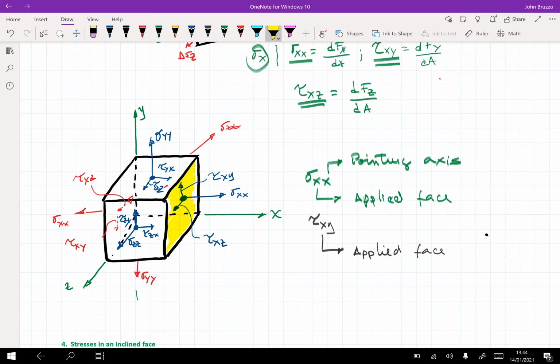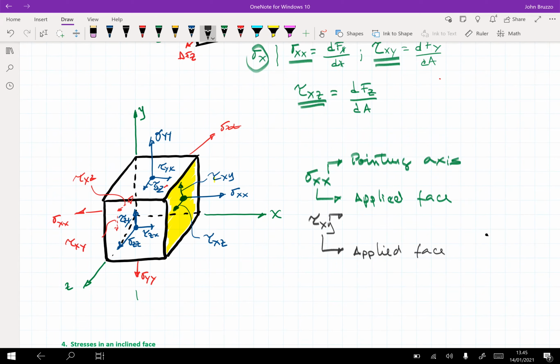Then you have shear stress yz. That's why the first subindex, X, represents the applied phase, and in the Y phase, the first subindex of your shear stress is Y.